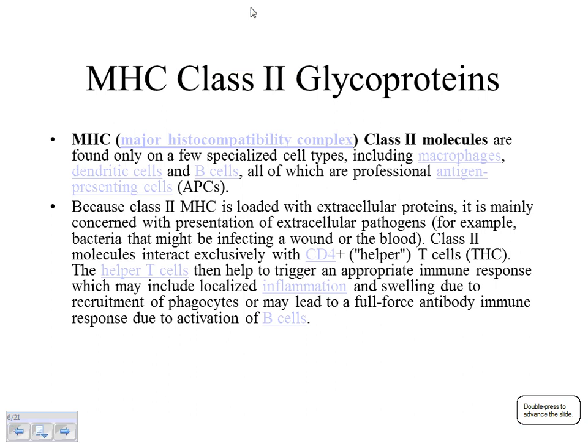All right, I want to touch on these MHC class II glycoproteins. We said to think of these like flagpoles on the outside of white blood cells. Phagocytes have MHC class II glycoproteins. After they've taken in a germ and intracellularly digested it, they take antigens from that germ and fly them up on this flagpole.